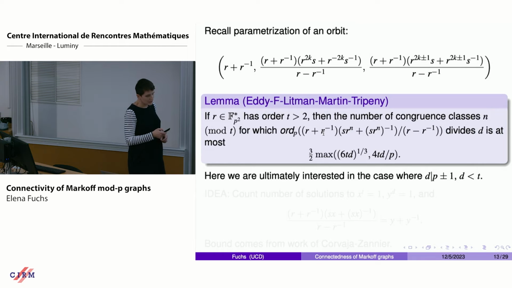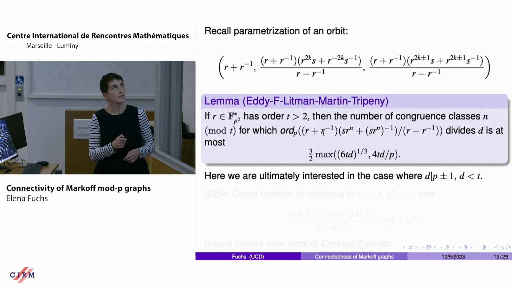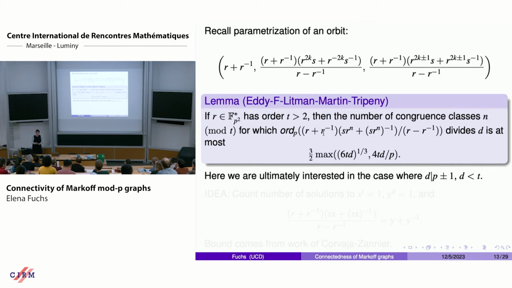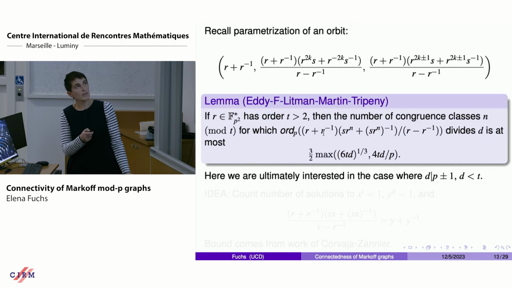And the question that I'd like to ask is, if you look at this, it says the number of congruence classes of n mod t, if you look at n going from 1 to t, or these powers here basically. For how many of these triples, when I look at one of these two coordinates, so this is exactly what these two coordinates are, except instead of 2k or 2k plus or minus 1, I've put in an n there.